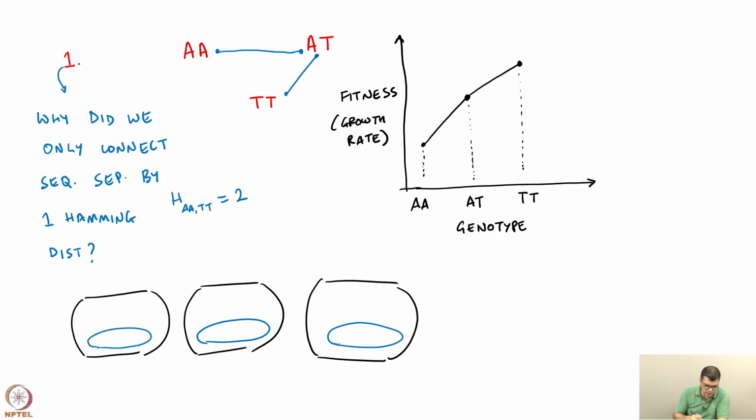So, all 3 are identical bacteria except for 2 locations where this particular one has sequence AA, this particular one has AT, and the third bacteria has TT.